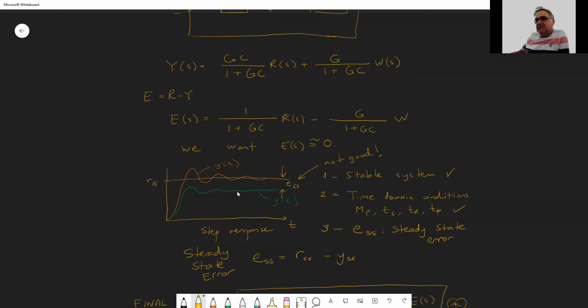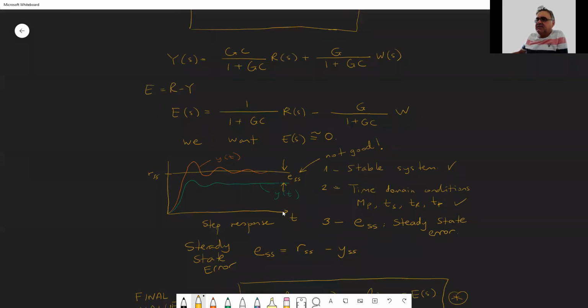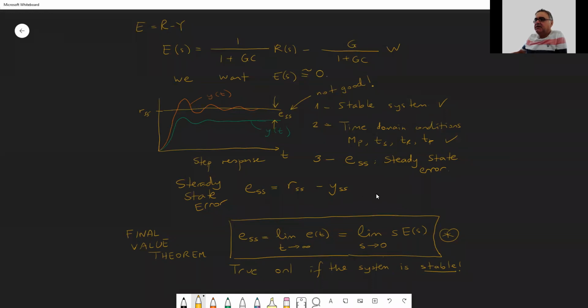So this green line shows a response with steady state error, and the difference between the R and Y in the final case where things are settled is called the steady state error. Steady state error is therefore the steady state value of R minus the steady state value of Y. We want to make this error 0 if possible, and minimize it in general, because this means that you are not achieving your final aim.